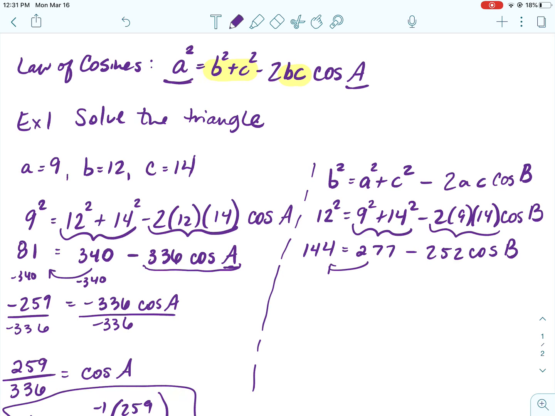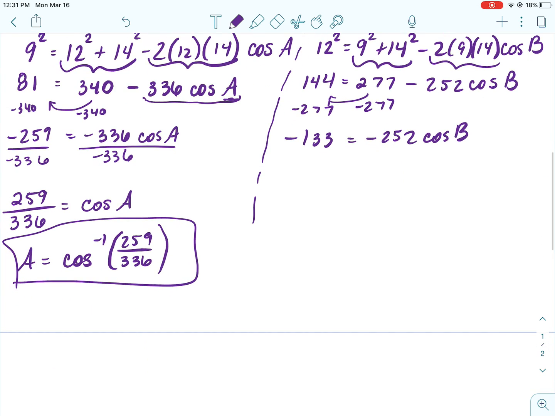Same rules like I talked about before. I cannot subtract 277 and 252. So what I have to do instead is move the 277 over to the other side by subtracting it, and then dropping down the other side of the equation.